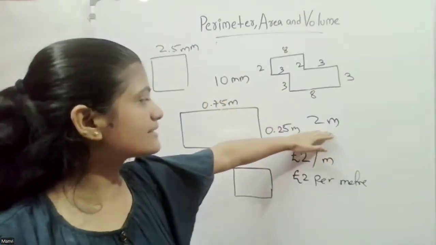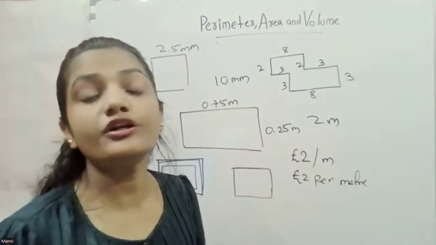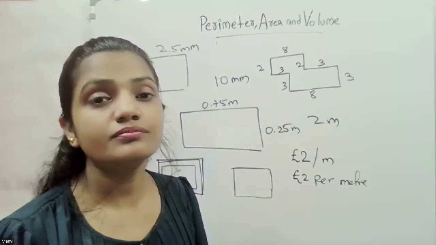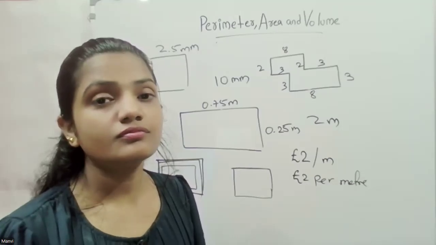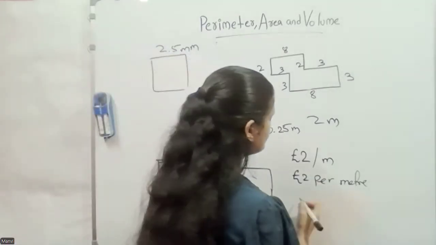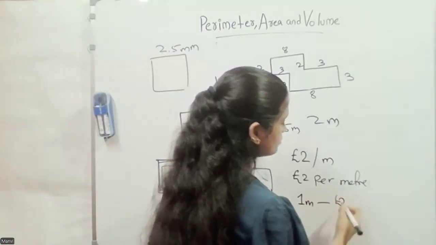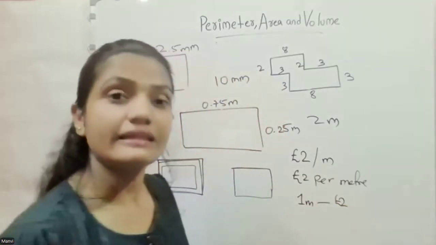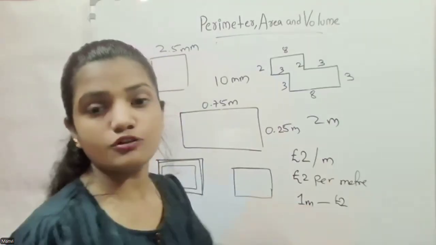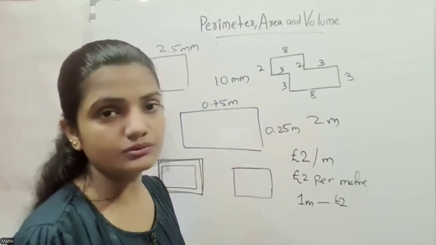So our total distance is 2 meter only, which means we need to pay them £4. For 1 meter, we need to pay them £2, so for 2 meter, we need to pay 2 times 2, which is £4.